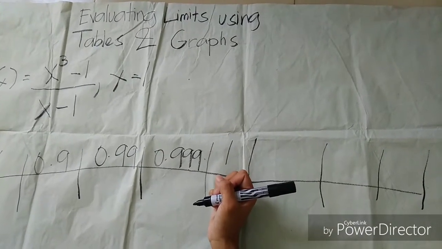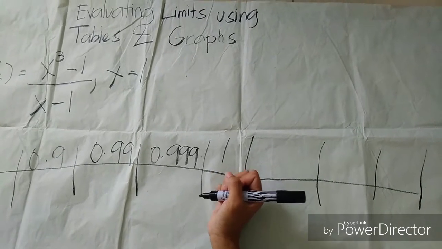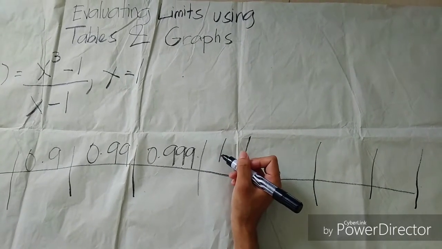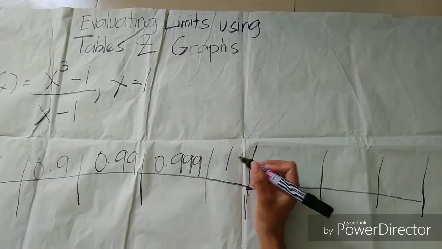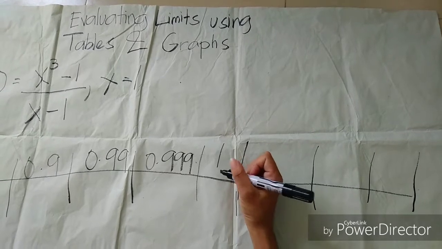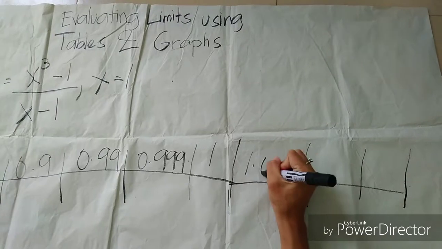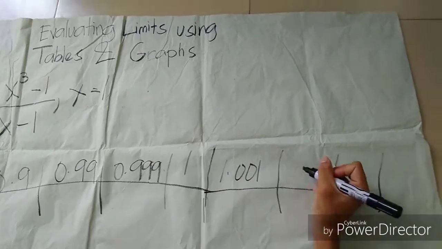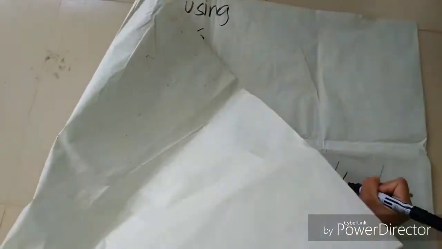Now if we wanted to, we can add more values between 0.999 and 1. Now if you look at the right side, maybe we try 1.001, 1.01, and then 1.1.